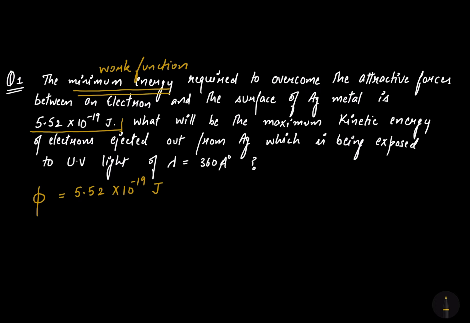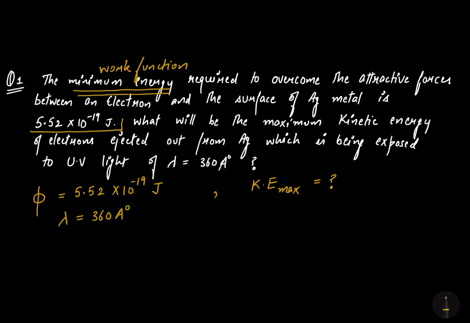Now the further question is asking what will be the maximum kinetic energy of electron ejected from silver, which is being exposed to a UV light of wavelength 360 angstrom. We have to evaluate the maximum kinetic energy of the electron. This is the wavelength of the photon that we are using to cause the photoelectric effect.